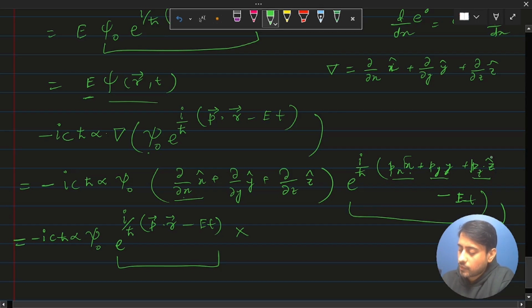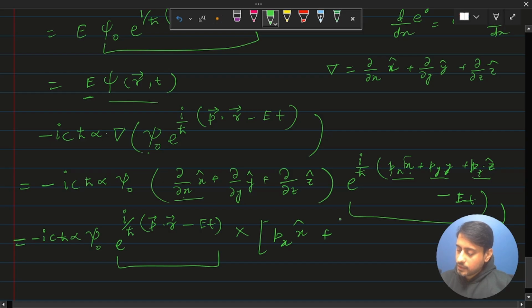The derivative of y and z with respect to x is 0, so simply the derivative of px into x with respect to x will give you px, and this x cap will remain.